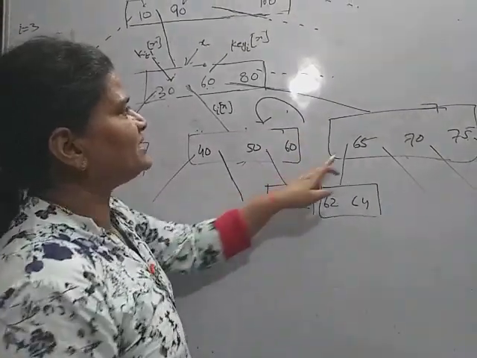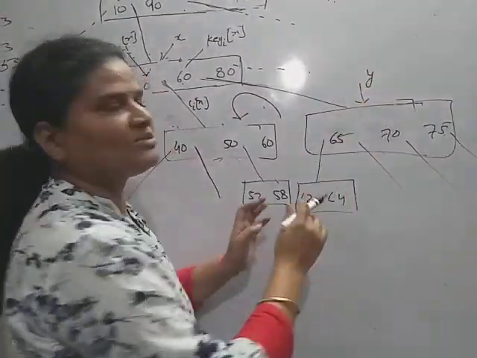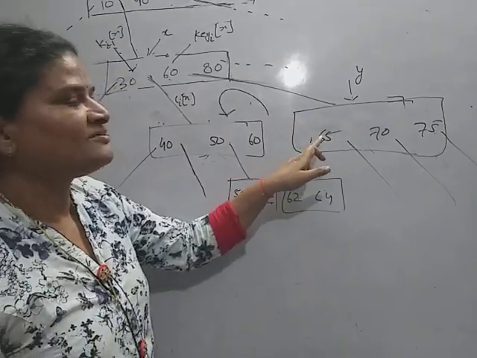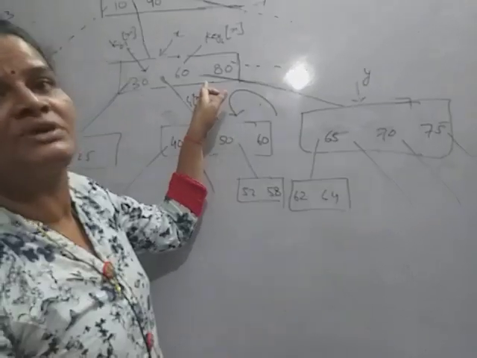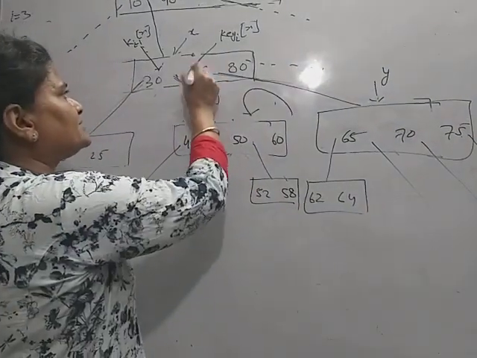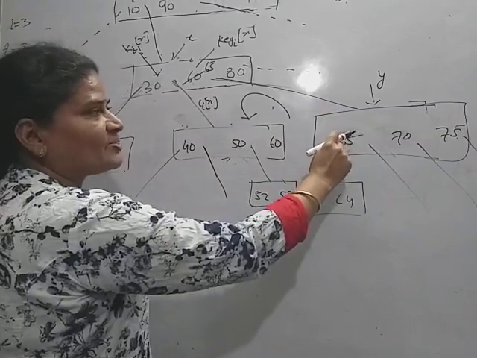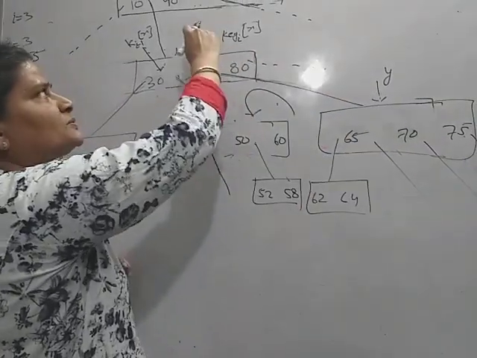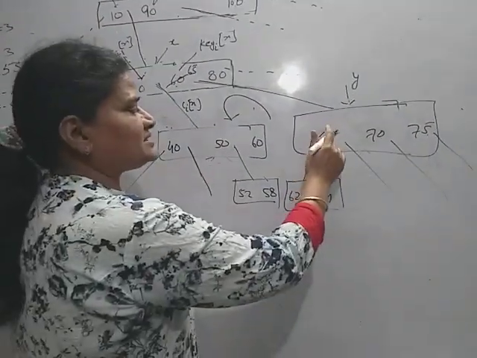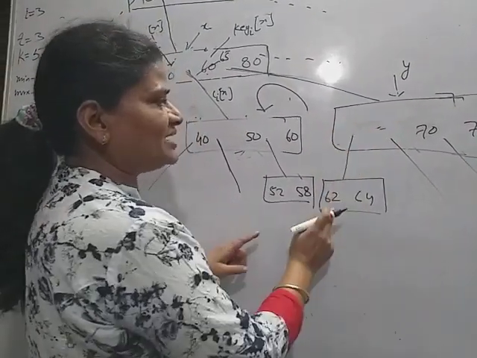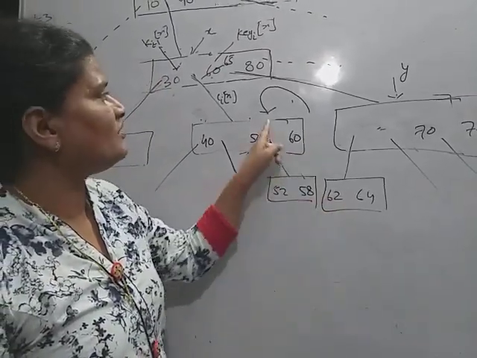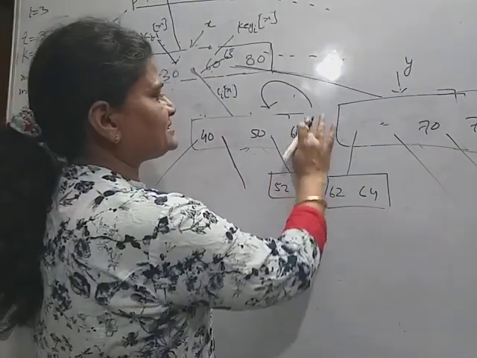Then this is Y, the immediate sibling pointed to by Y. The first key of Y will be moved up to X, and that will become the ith key of X. So here the 65 of Y, the first key of Y, will be moved up to X, and that is the ith key of X. And finally, this is deleted, this is moved up, and the first child of Y will be the (T plus 1)th child of CIX.